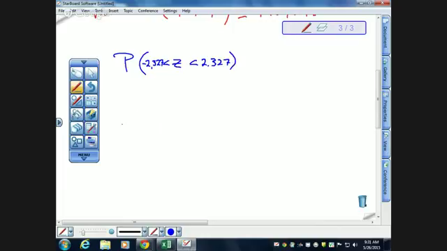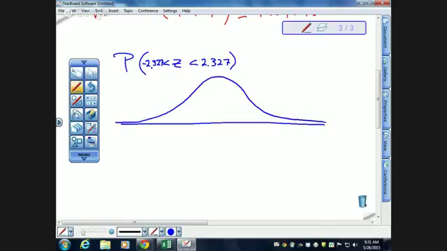Drawing a picture of that. In the middle of a z-score is always 0. 3 is out on the edge of the tail. And so then I want to identify about where -2.327 is, and that's right about here is my best guess.